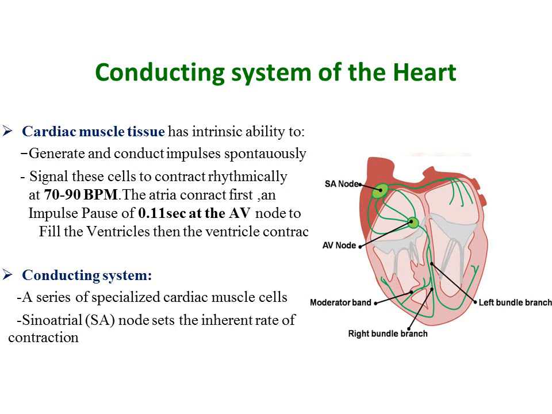Then comes the AV node, then the bundle of His, then the right and left branches, and they end with the small Purkinje fibers to have conductivity in a normal form and normal function of the heart. We shall have this in a complete explanation in the coming lecture, inshallah.